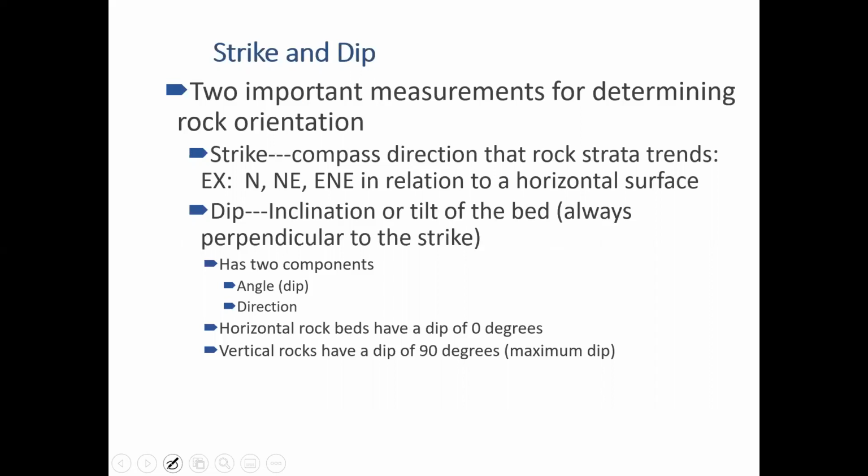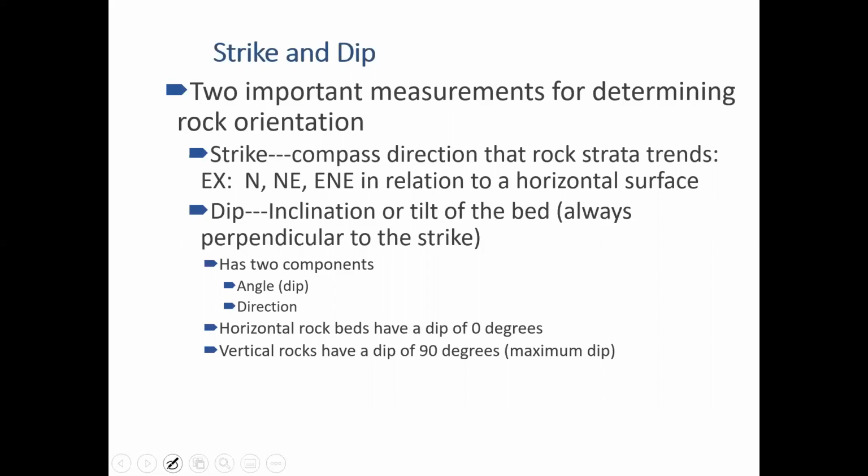So strike and dip. Strike is the compass direction that the rock strata trends. So we're going to say north, south, northeast, northwest, whatever the compass direction is. The dip is the inclination or the tilt of the bedrock, and it has two measurements to it. We want to know what the angle of the dip is, but we also want to know what direction it's dipping.